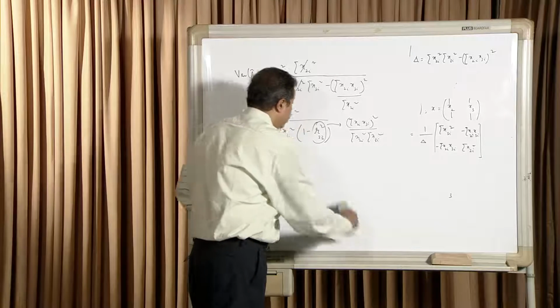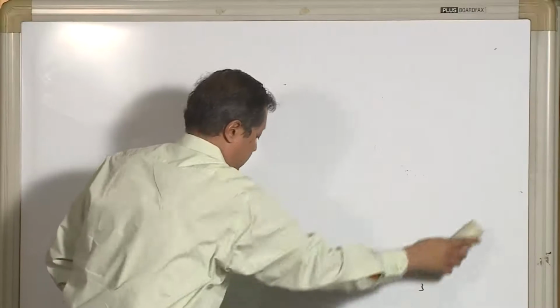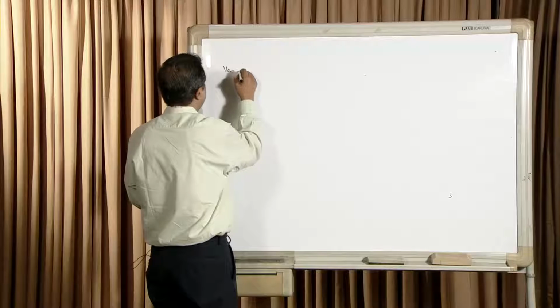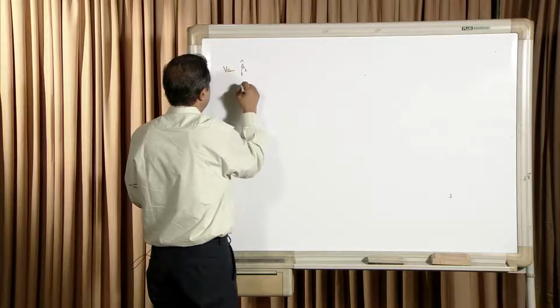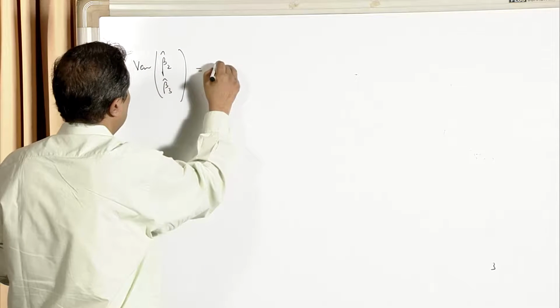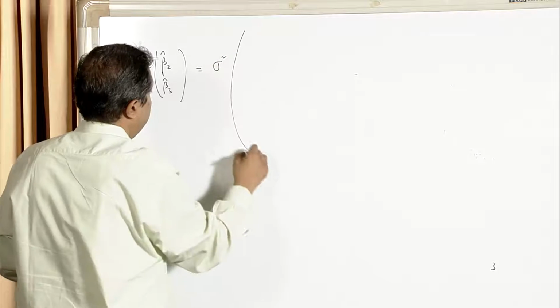Let us write this in matrix form now. We have variance of beta 2 hat and beta 3 hat in a vector form is equal to sigma square, write a big matrix here.